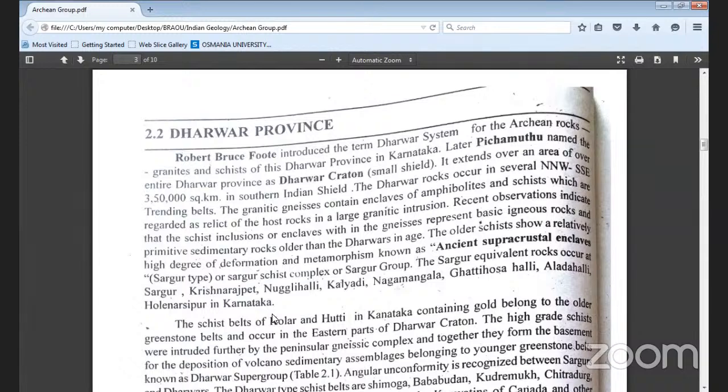The Dharwad rocks occur in several north-northwest, south-southeast trending belts. The granitic gneiss contains a number of enclaves of amphibolites and schists, which are regarded as relict host rocks in a large granitic intrusion.